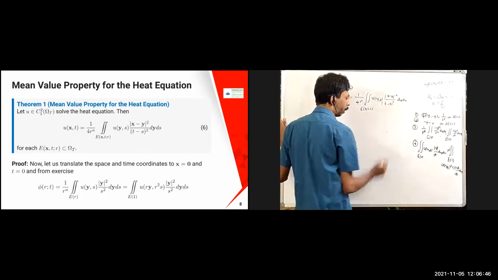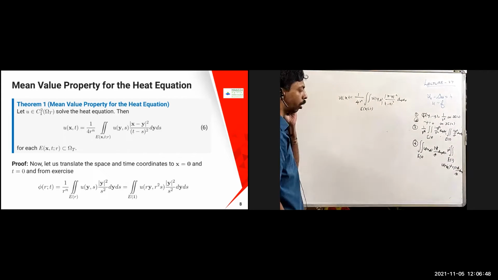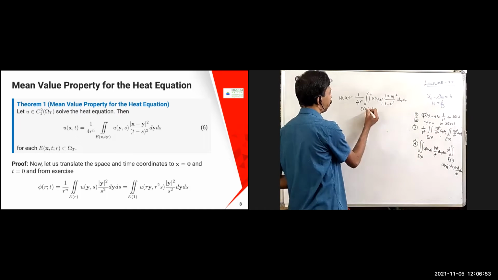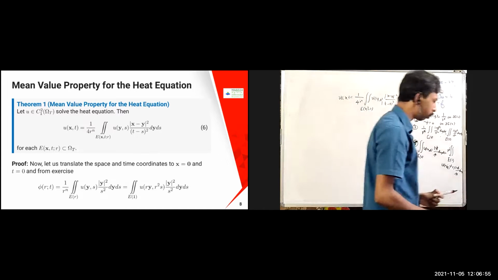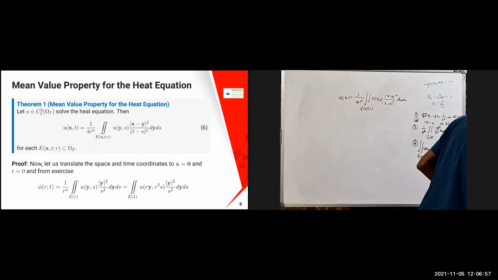This is true for each heat ball E of x comma t comma r, which is a subset of omega t.